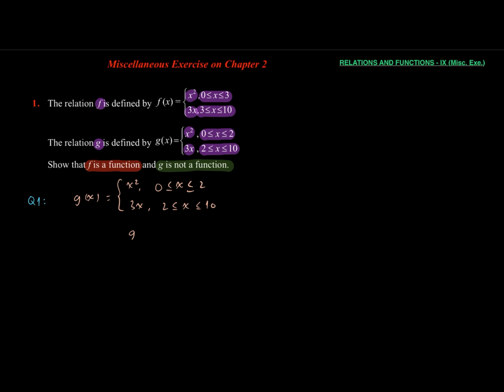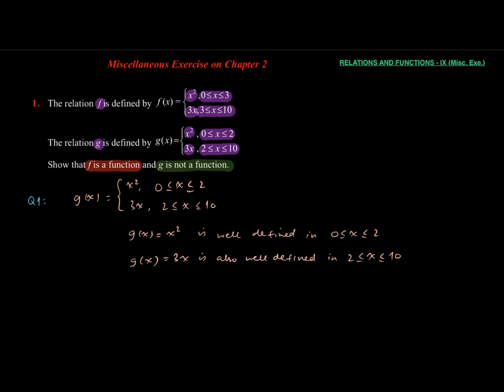Again, g of x is equal to x squared is well defined in x greater than or equal to 0 but less than or equal to 2, and g of x equal to 3 times x is also well defined in x greater than or equal to 2 but less than or equal to 10.